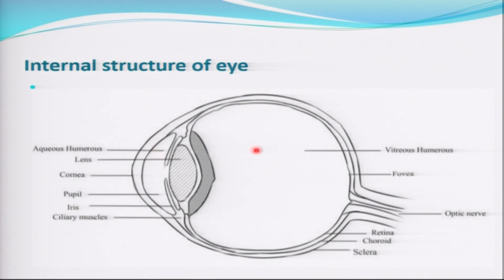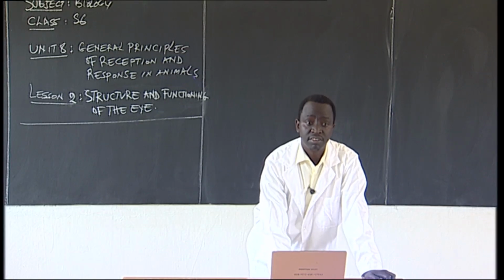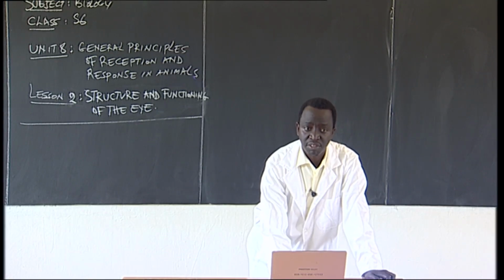Here we have the vitreous humor. It contains fluid where the light can pass and come to the retina, where the photoreceptors that we have talked about are located.